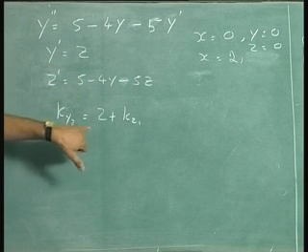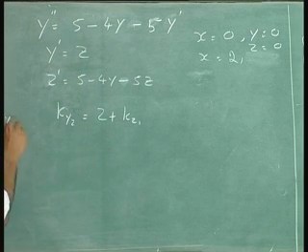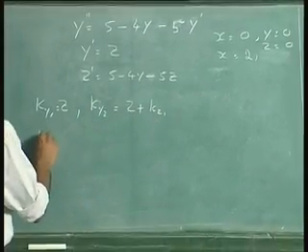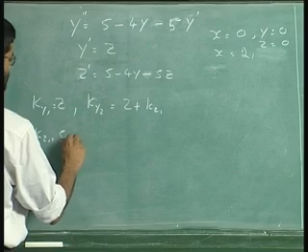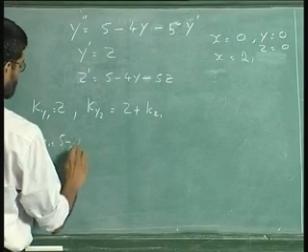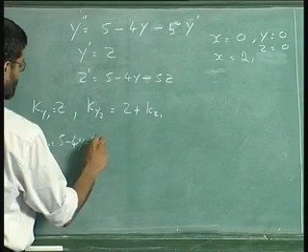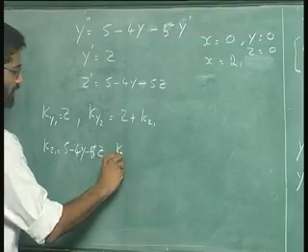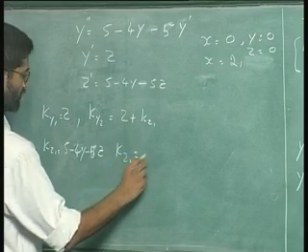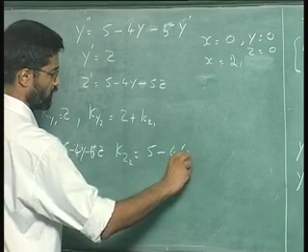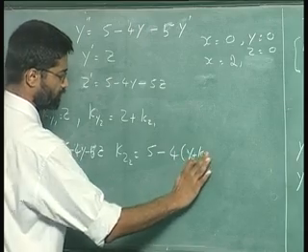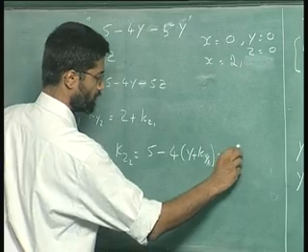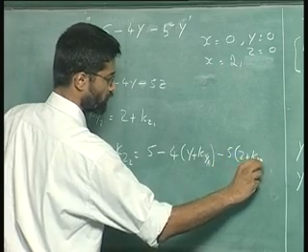So ky1 was z, and ky2 is z plus kz1, and kz1 was 5 minus 4y minus 5z, and now kz2 would be 5 minus 4y plus ky1, and minus 5 into z plus kz1.